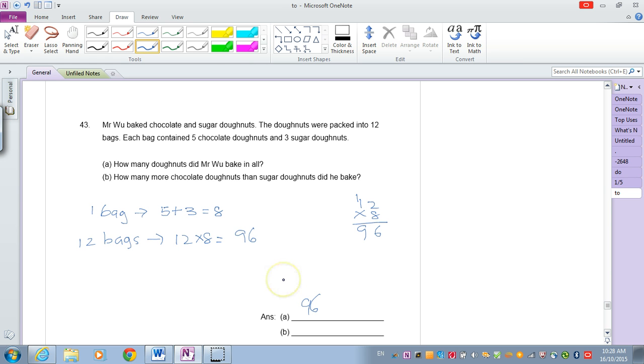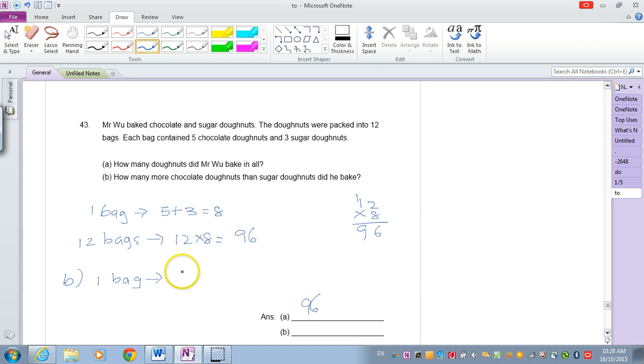Now, how many more chocolate donuts than sugar donuts did he bake? For question B. Now, we know that in one bag, he baked 5 chocolate donuts and 3 sugar donuts.